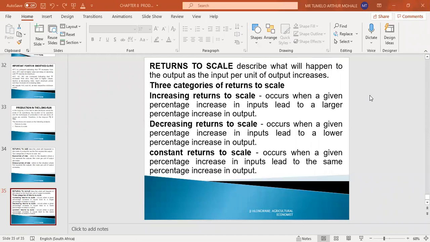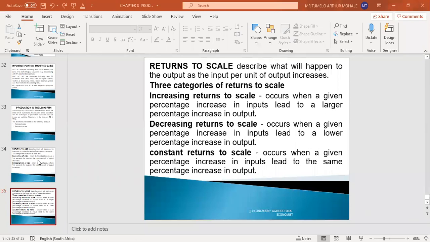Any question in these 3 minutes? Any question? Do you have questions? Hello, yes, Melo. Is there a relationship between marginal cost and average variable cost?